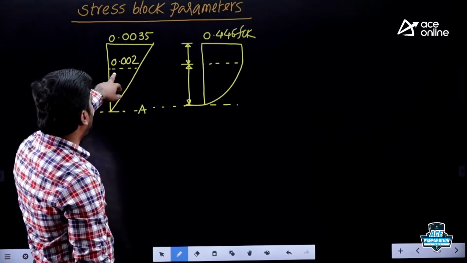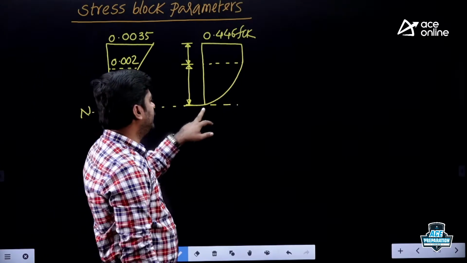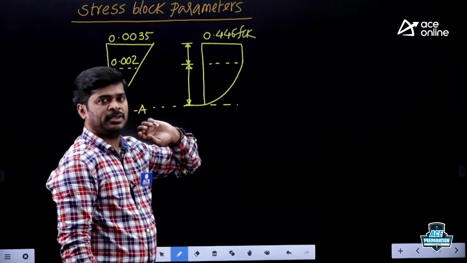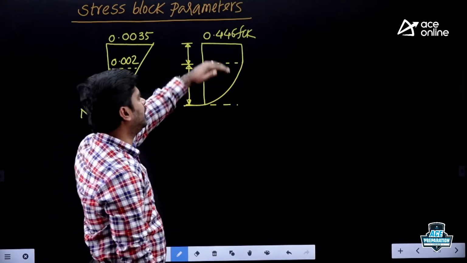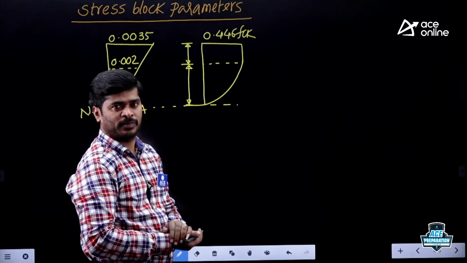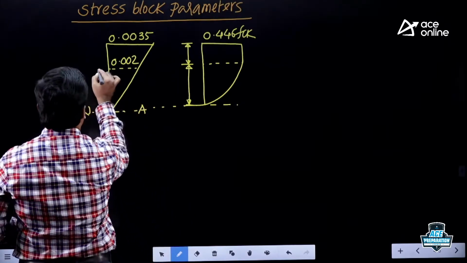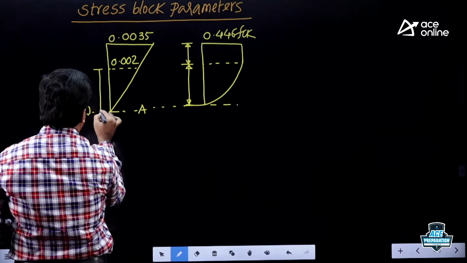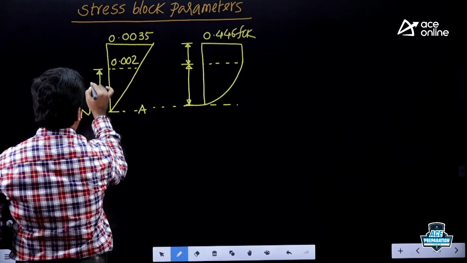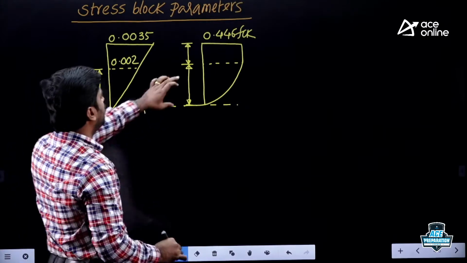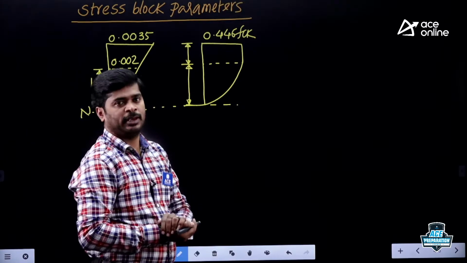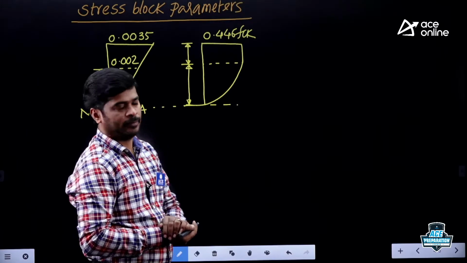We can say that up to 0.002 strain, the stress diagram is varying parabolically. Beyond that, it is constant till failure. It means if you find the height in the stress diagram up to 0.002 strain, you will get the depth of the parabola in the stress block.